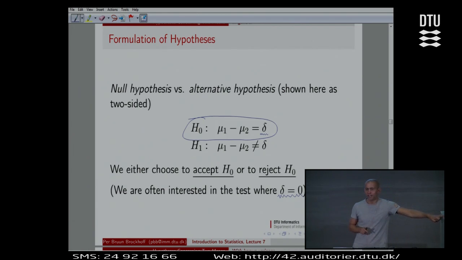That is a relevant test because it is equivalent to testing whether the 2 means are the same, right? Then, here I have shown you a 2-sided alternative. Just as in the single sample case, we can have the 1-sided also in play.